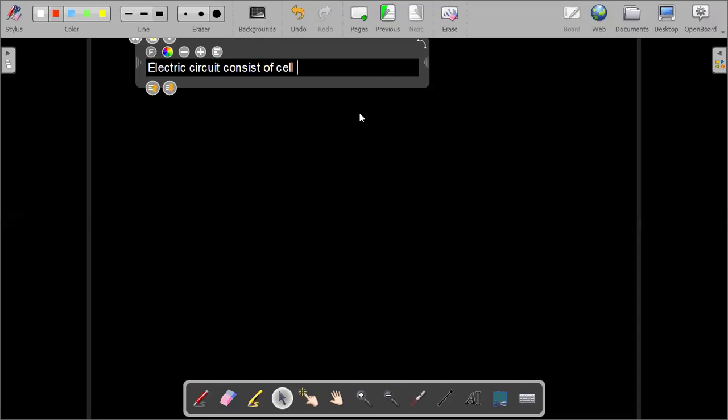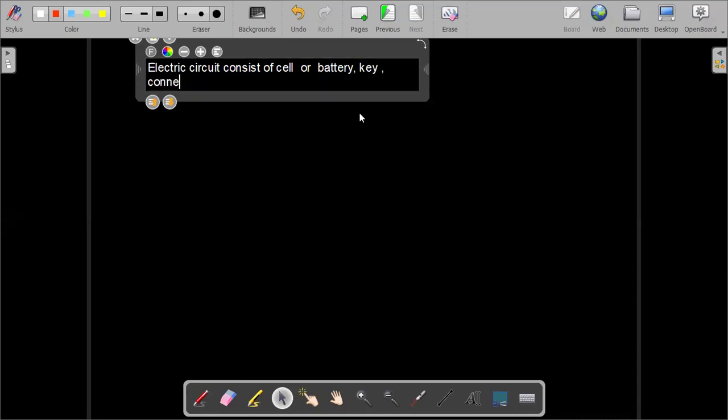Cell or battery. It's not necessary to have both. It can be a cell or a battery. And you have a key, connecting wires, ammeter and voltmeter.